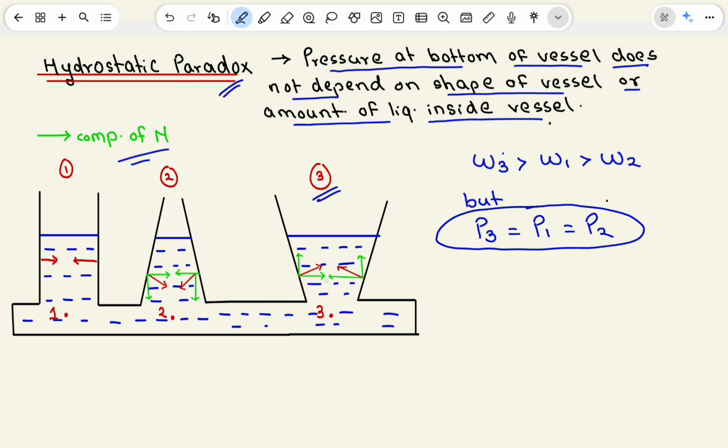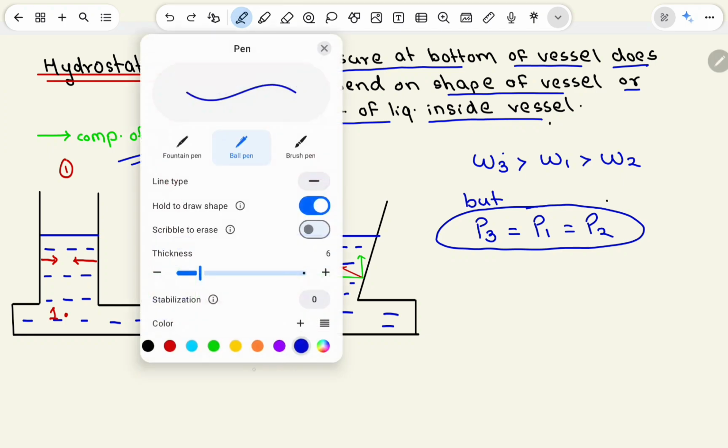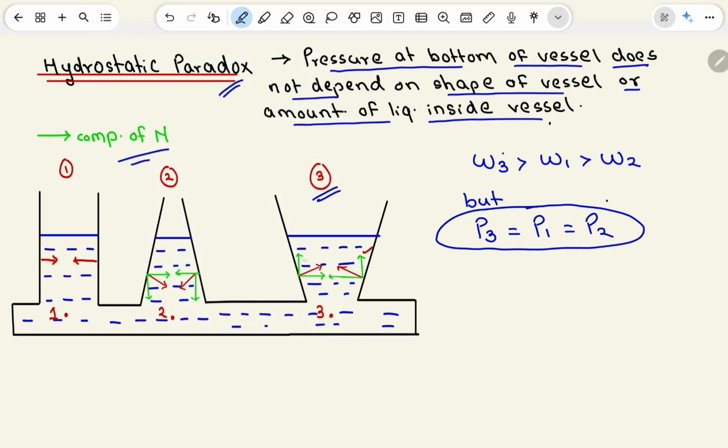If we can see clearly, the horizontal components of the normal reaction cancel each other, and the upward vertical components of the normal reaction, as you can see over here, are opposing the weight in flask 3.